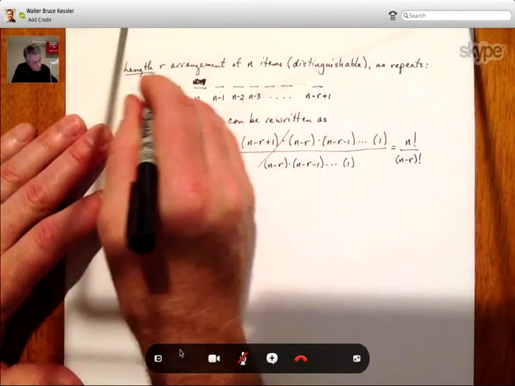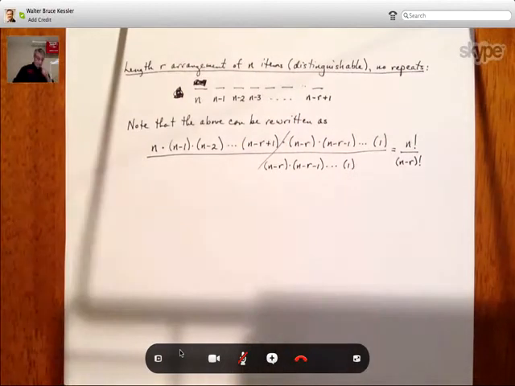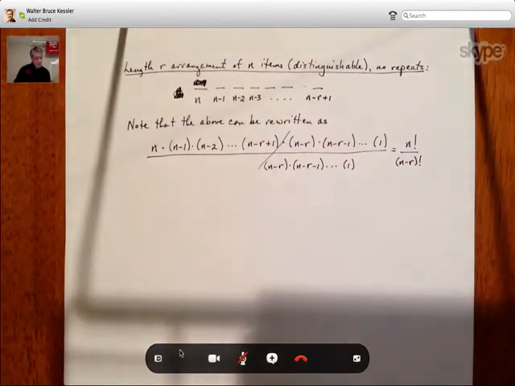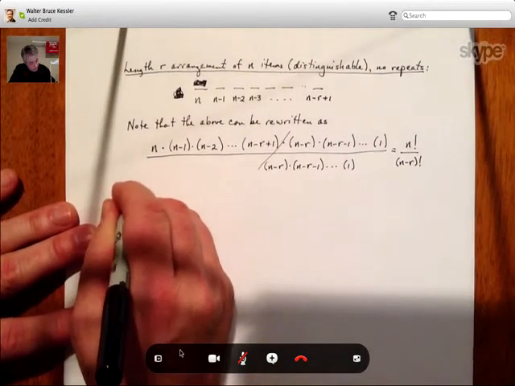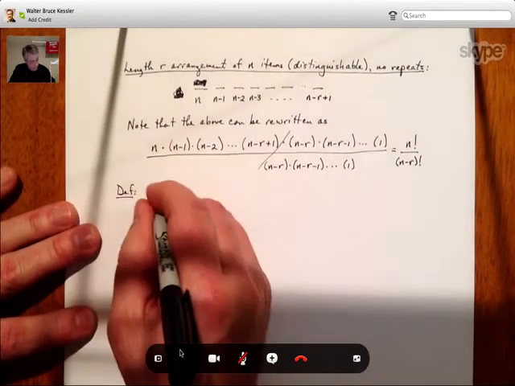Let me underline. Things of length r made of n items that cannot be repeated, we have a special name for that. We call those permutations.